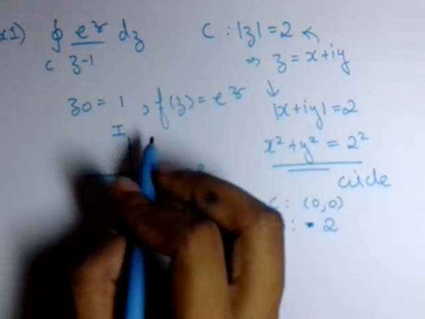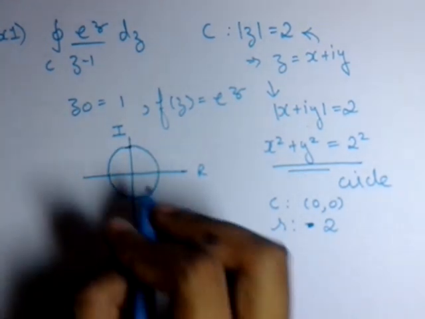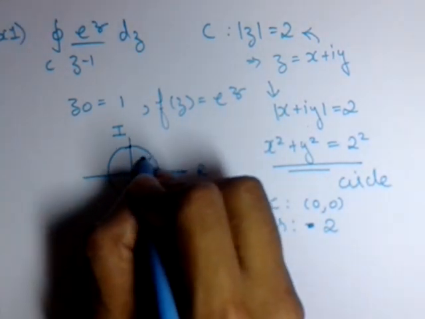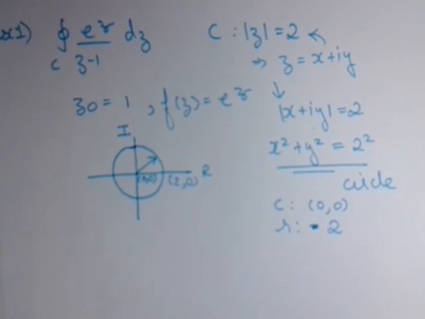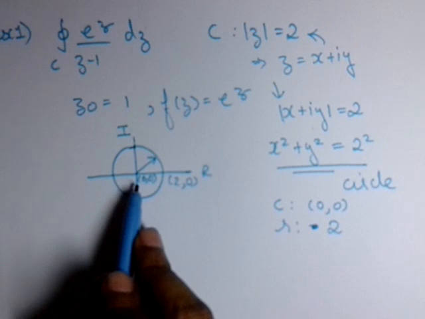So on drawing the contour, center at (0, 0), radius 2, now we'll find out whether z0 lies inside the contour or outside.